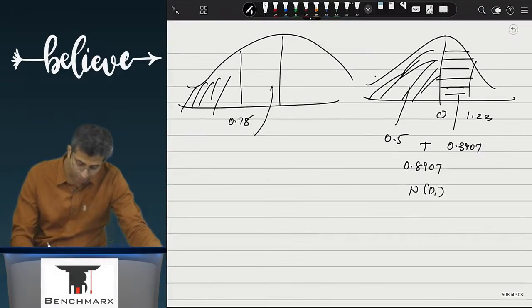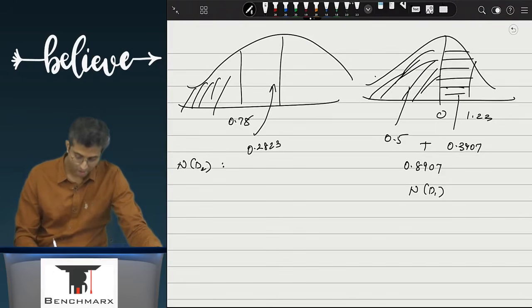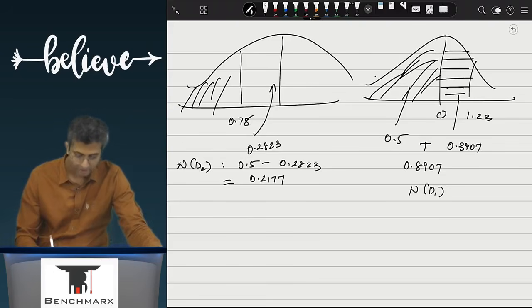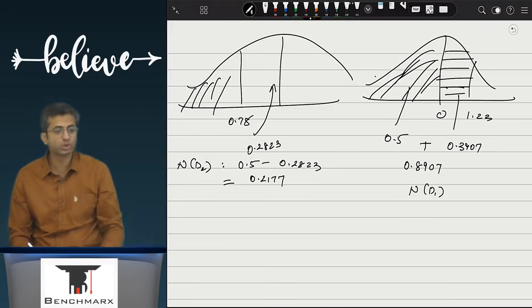This 0.2823 is the area over here. So what will be ND2? 0.5 minus 0.2823 comes to 0.2177. This is the area of the left tail.